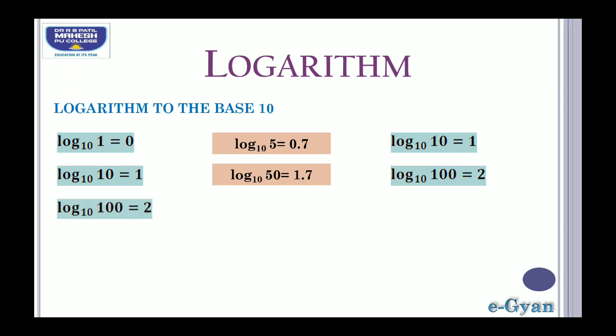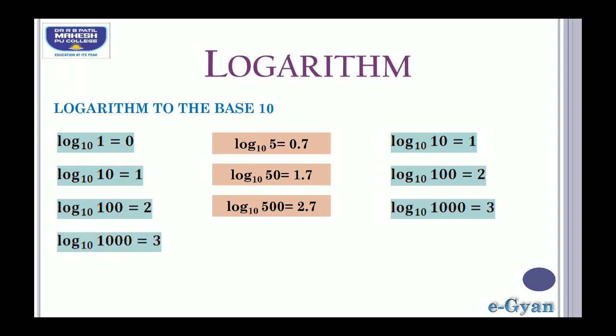Log of 100 to the base 10 is equal to 2. Log of 1000 to the base 10 is equal to 3. So therefore, log of any number between 100 and 1000 will be between 2 and 3. Hence, log of 500 to the base 10 is equal to 2.7. Similarly, log of 1000 to the base 10 is 3. Log of 10,000 to the base 10 is 4.